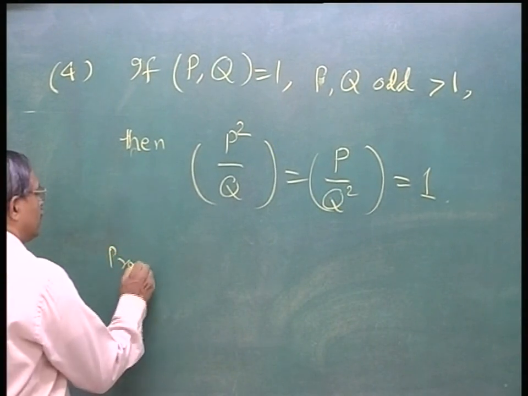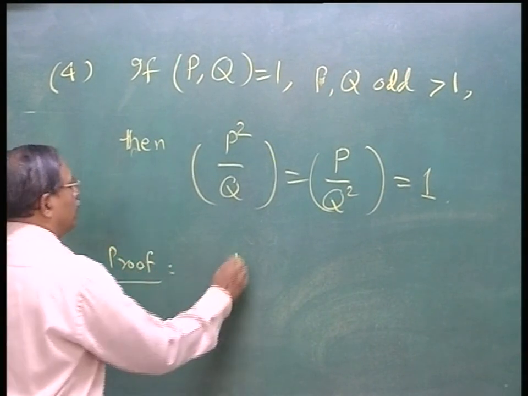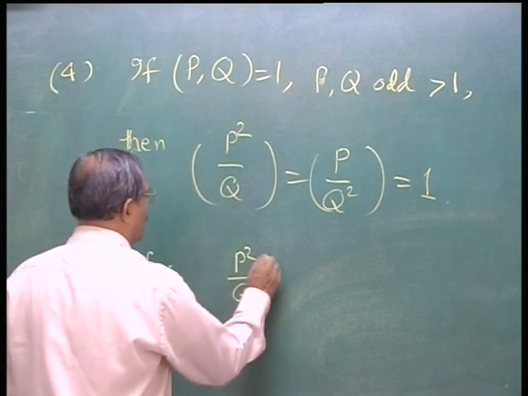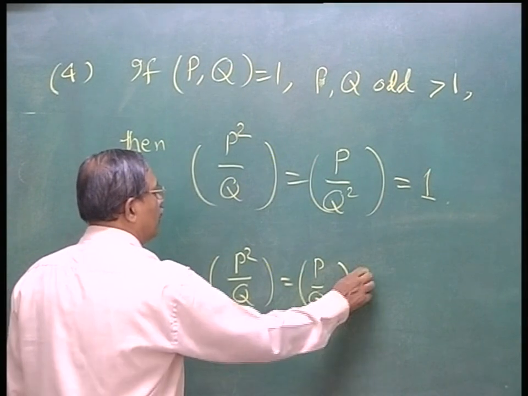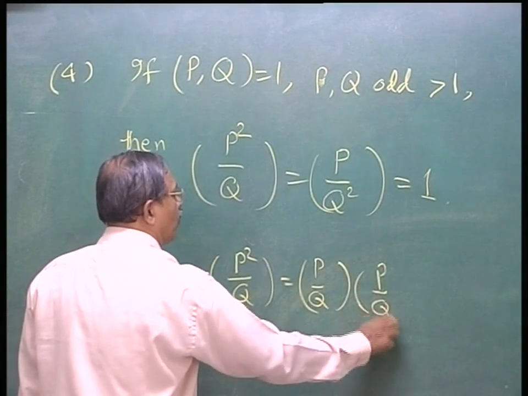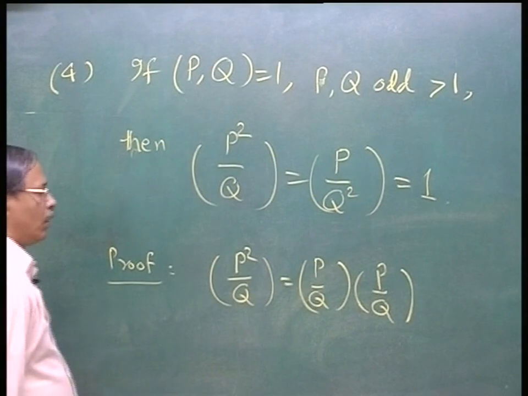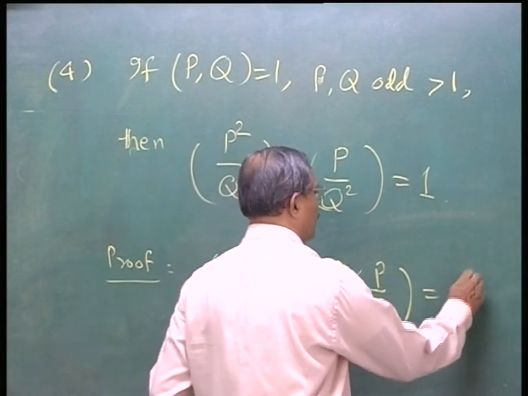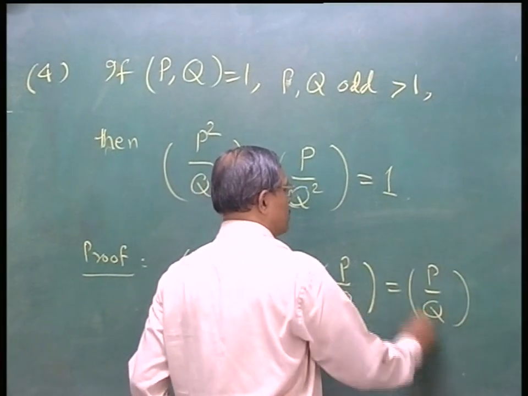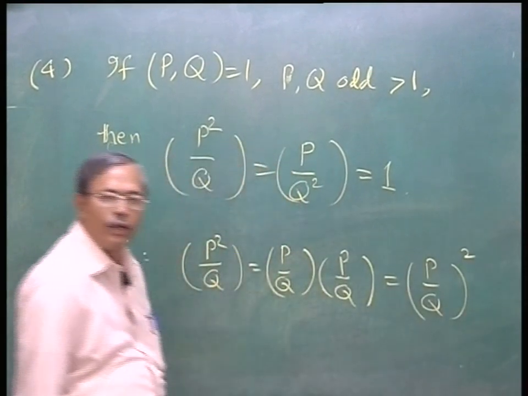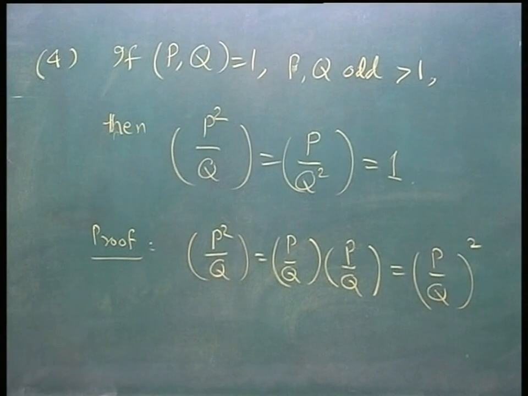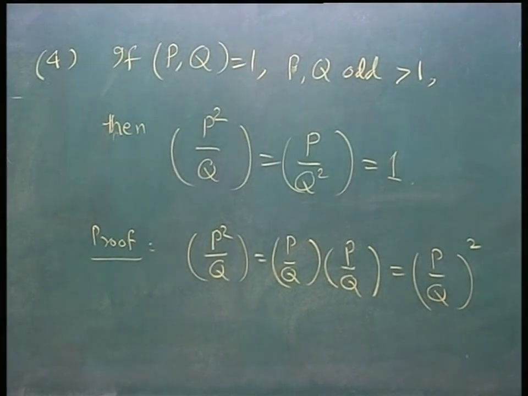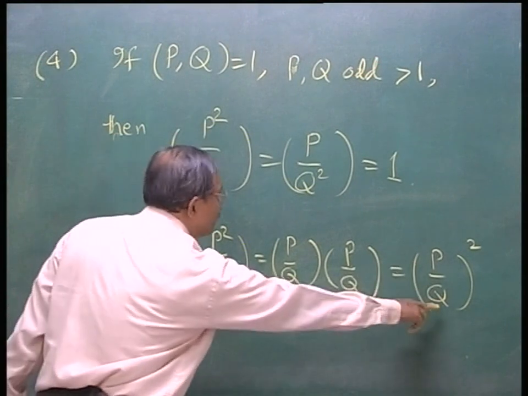The proof of this: (P²/Q) equals (P/Q) into (P/Q). That is equal to the square of the Legendre symbol (P/Q). What is (P/Q)?